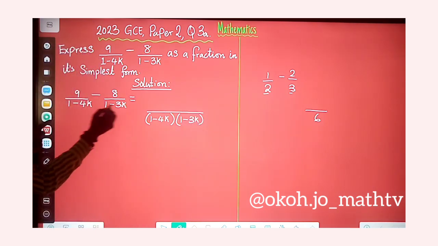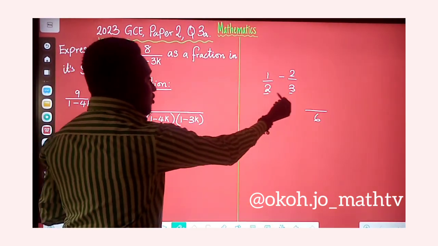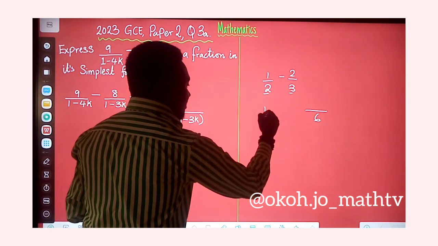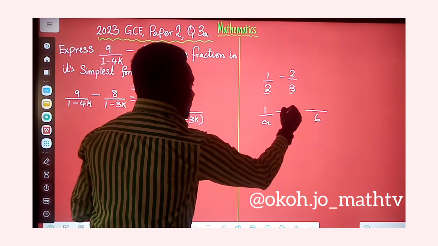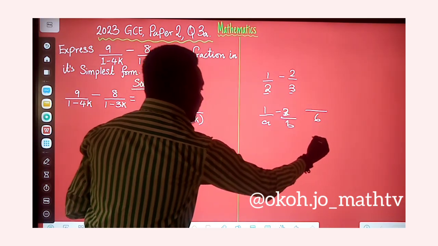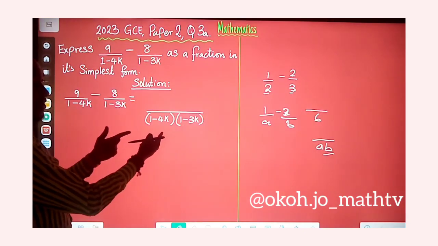So this is the LCM. Let's represent them as letters A and B, it would have given us a denominator of AB. I think that is more familiar.